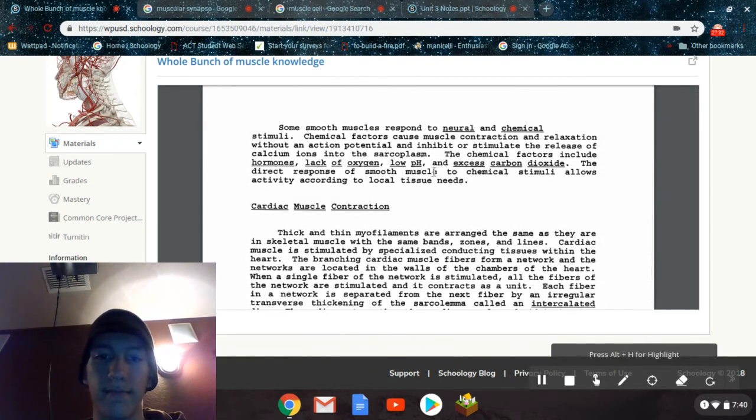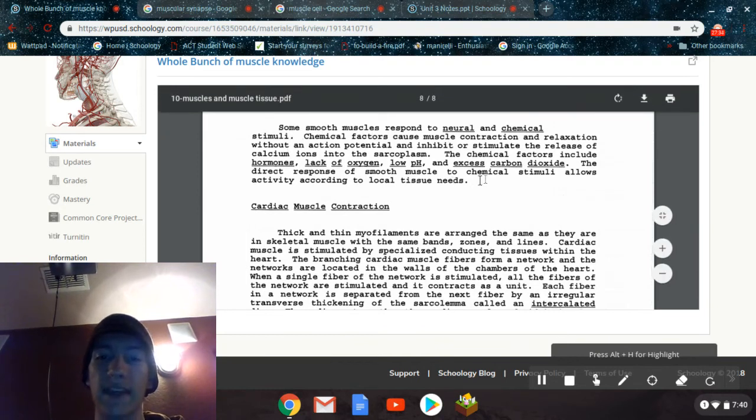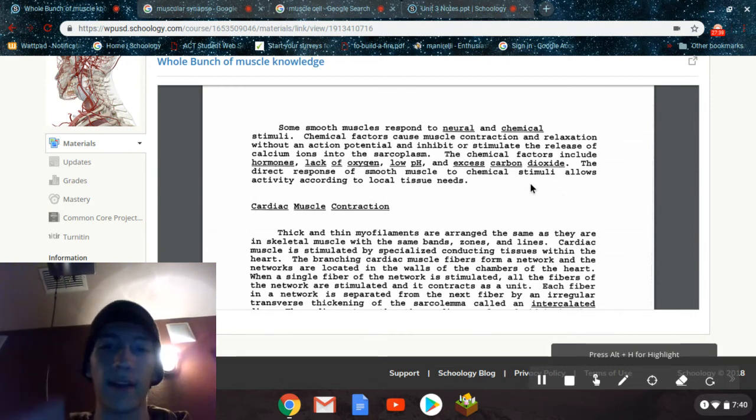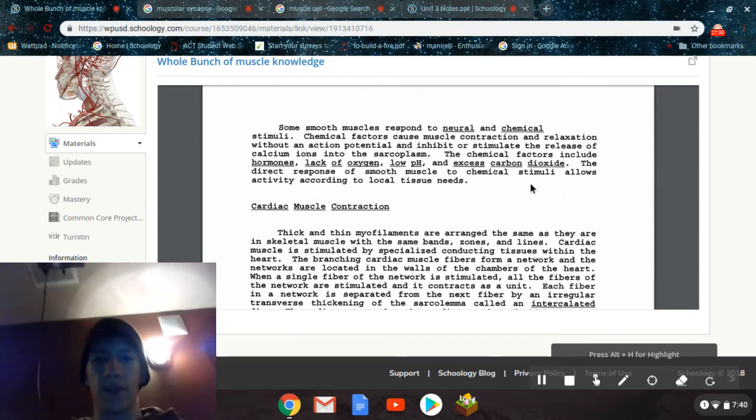They can also be affected by your environment, by a lack of oxygen, too much acid in your body, too much carbon dioxide, or your hormones. They're super sensitive, which is why your guts are super sensitive, because they're filled to the brim with smooth muscle.